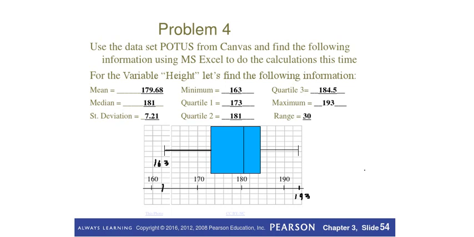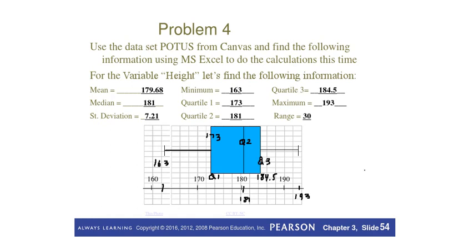We found that our quartile range had 181 as the median, quartile 2. Our quartile 1 was 173. And then, of course, 184.5 is quartile 3.